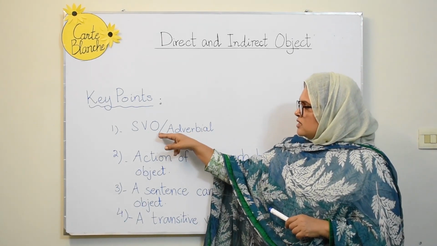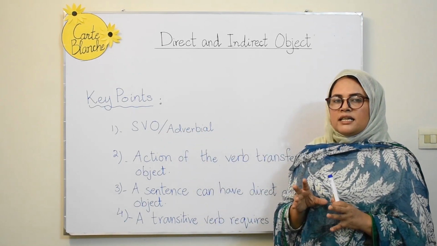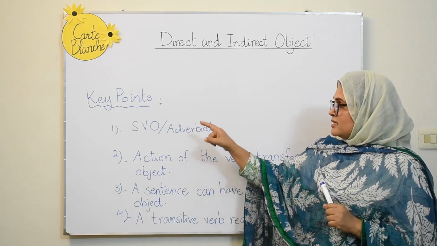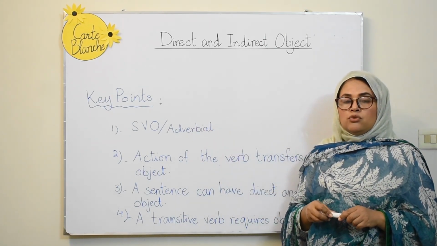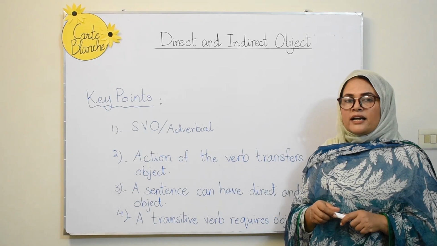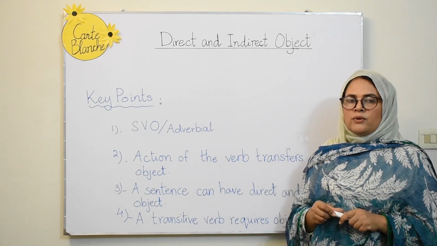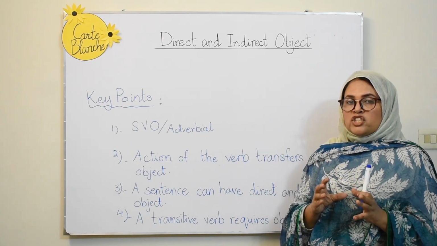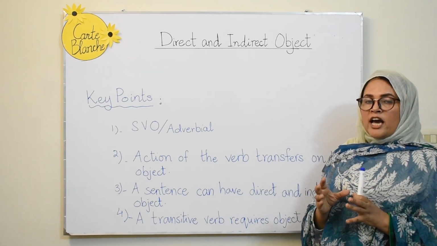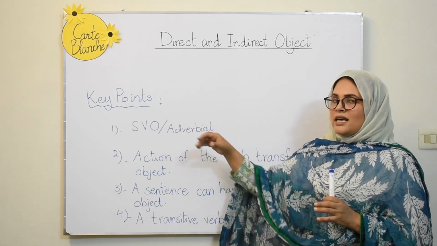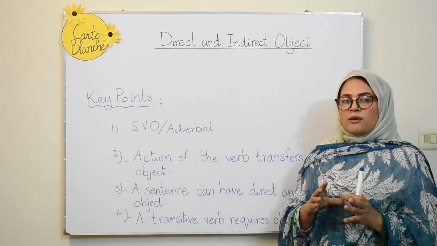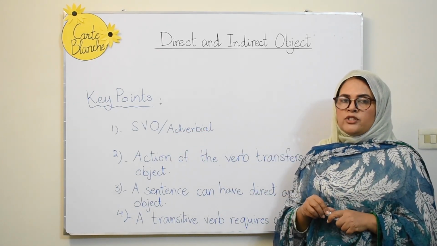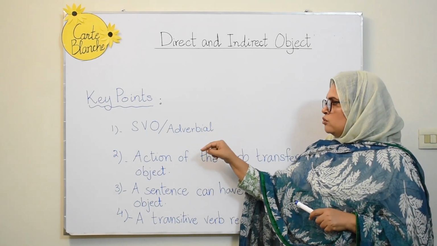But sometimes, even without an object, the sentence is complete. To understand this concept properly, you need to watch my video on transitive and intransitive verbs. By watching that video, you will be very clear about which types of verbs require an object and which do not. So please go through that video.